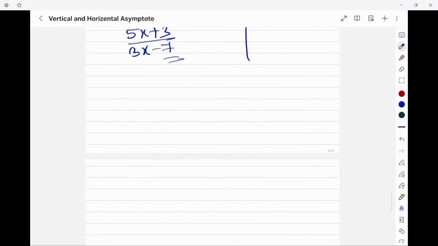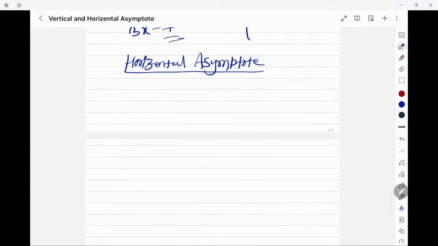We have now introduced the horizontal asymptote, denoted by HA.